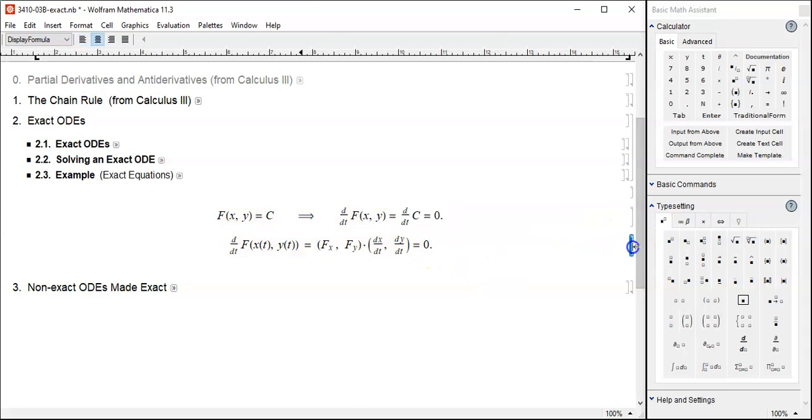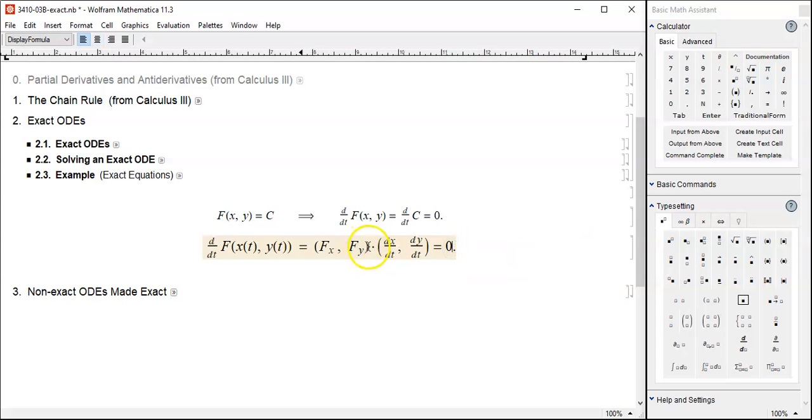Let me expand the font a little bit. And please recall the chain rule. This is the outside, that's the gradient, and then this is the inside, that's the velocity. Gradient times velocity is equal to 0. Vector times vector is a scalar because we are doing what?